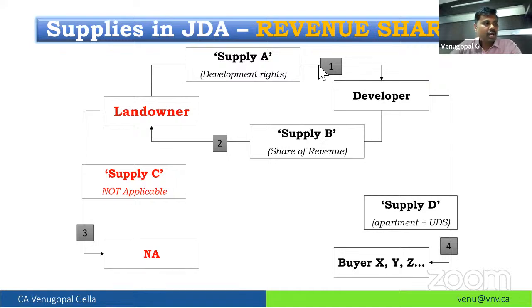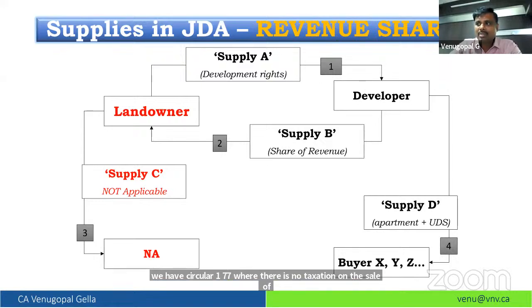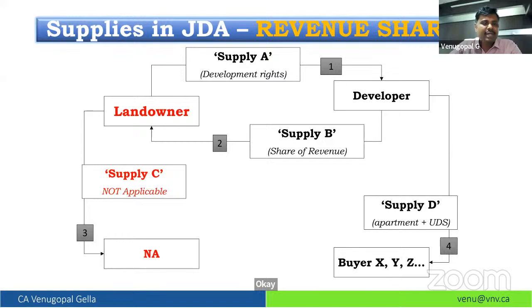Okay, sir, on plotted development we had a session earlier in detail, and because it is sale of land and we have Circular 177, there is no taxation on the sale of plots. The concept of development right is a little different between apartment construction and plotted development. Of course, different authors have different views.